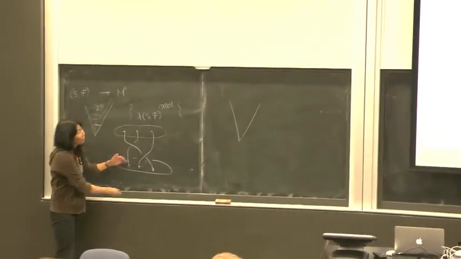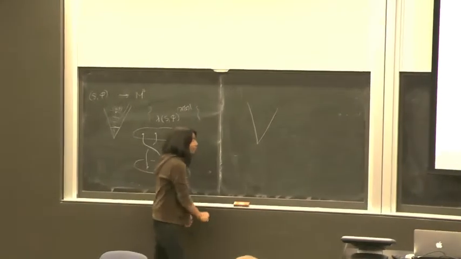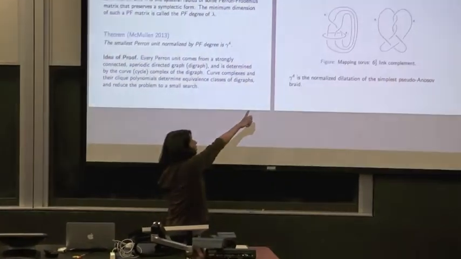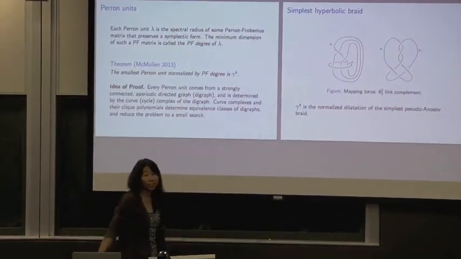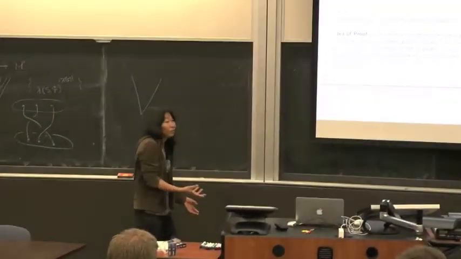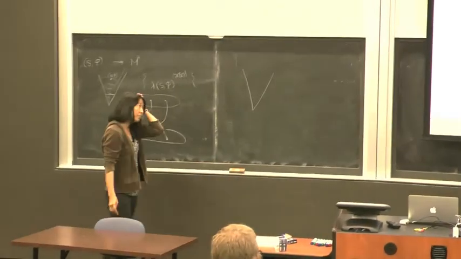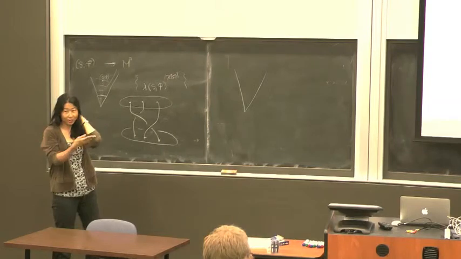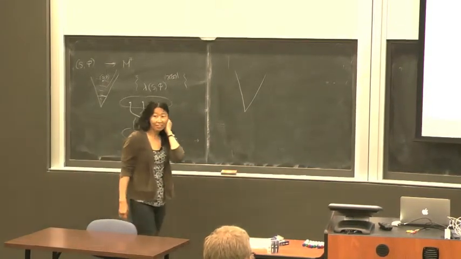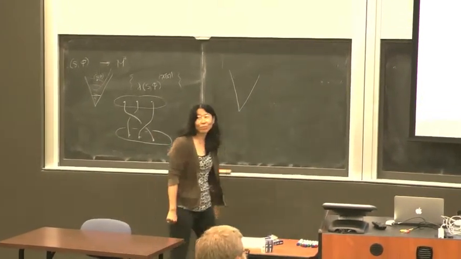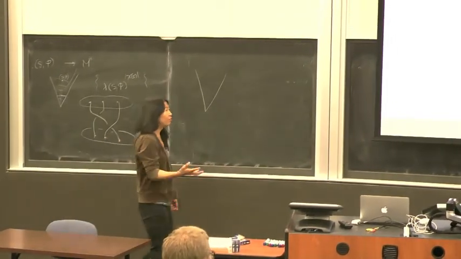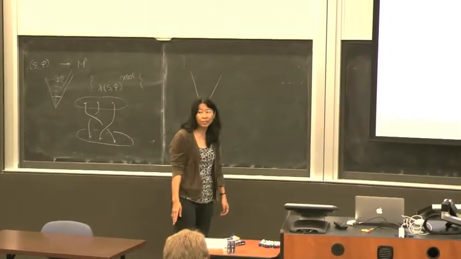Now if you look at this, it's not hard to see that the mapping torus will actually just be the complement in S3 of that link. You just take the braid and you encircle it. So it's a 2-component link, so the first Betti number is 2, and as we heard from last talk, that's a good thing, because if the first Betti number is bigger than 1, then we know that if there's one fibration, there's an infinite number of fibrations.